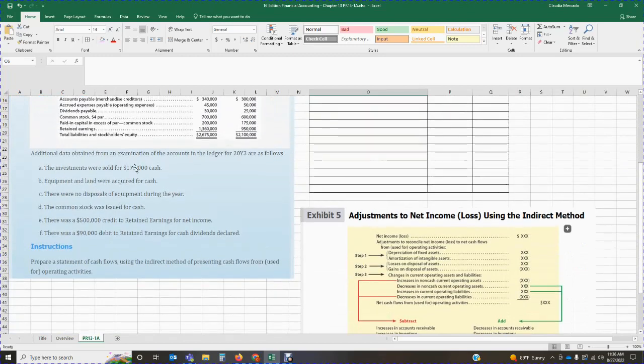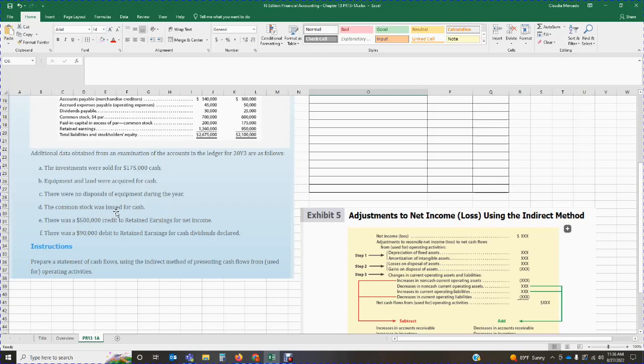It says additional data obtained from the examination of the accounts in the ledgers are as follows. Investments were sold for $175,000 in cash. Equipment and land were acquired for cash. Remember, this is the statement of cash flows. We are interested in knowing what is affecting cash. There were no disposals of equipment during the year.